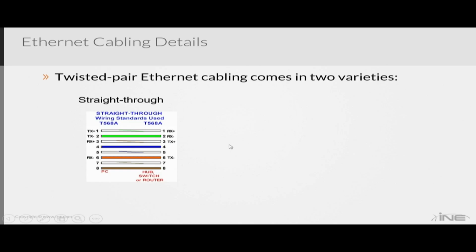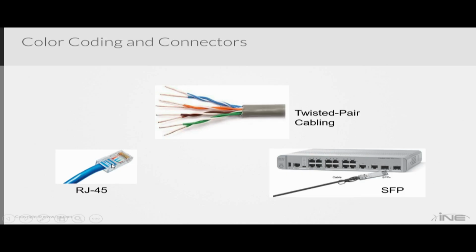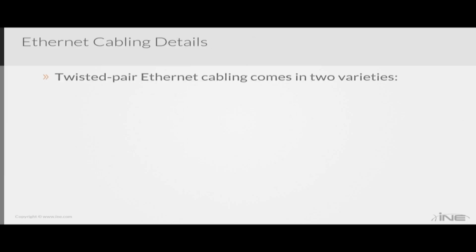In other words, if you had a cable and you know that both ends of the cable are going to have an RJ45 connector, and you held those 2 RJ45 connectors right up next to each other in a straight through cable, if one RJ45 connector had, for example, red, green, blue in that order, the other RJ45 connector would also have red, green, blue in that order. So it's going straight through.